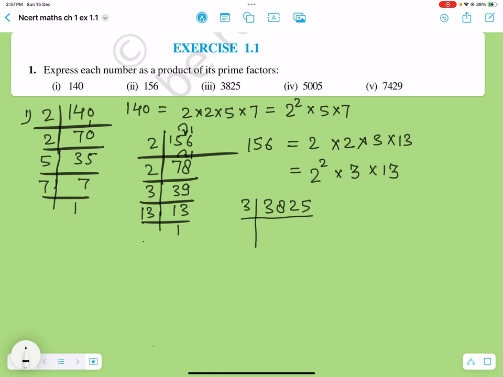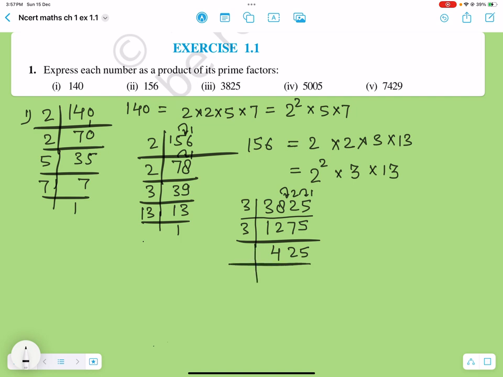So let's try 3. 3 1s are 3, 3 2s are 6, remainder 2 goes to the tens place, becomes 22. 3 7s are 21, and then remainder 1 goes to the tens place, becomes 15. 3 5s are 15. Again with 3. So 3 4s are 12, 3 2s are 6, 3 5s are 15.